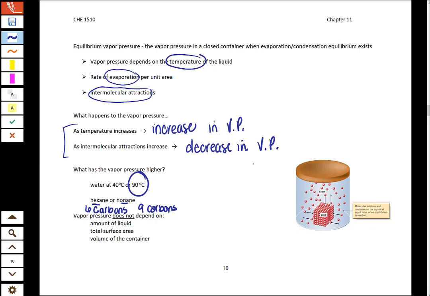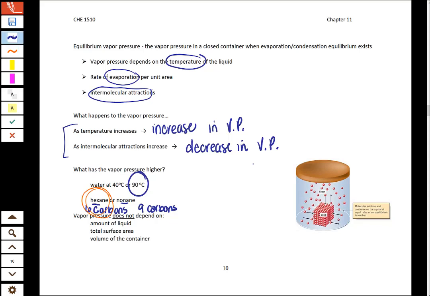And so what I mean by that is, imagine hexane, the 6 carbon one, is like a 10-pound baby, and nonane is your 2-year-old baby. Which one is going to be easier for you to lift up? The small baby or the big baby? Obviously something that's 10 pounds, whether it's a baby or a weight or whatever, is going to be much easier to lift than something that's 25 pounds. And so your molecules are going to be like that too, where the smaller molecule is going to have weaker attractions.